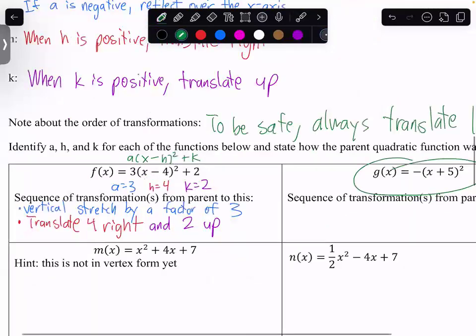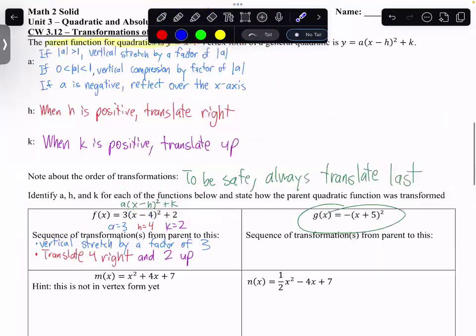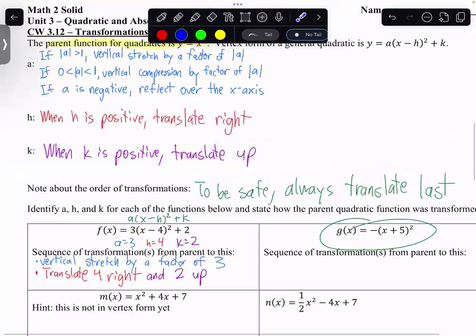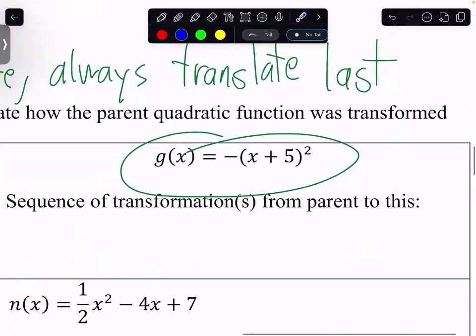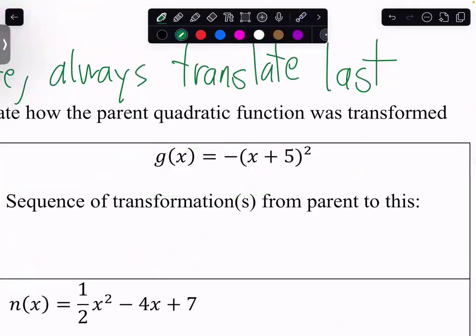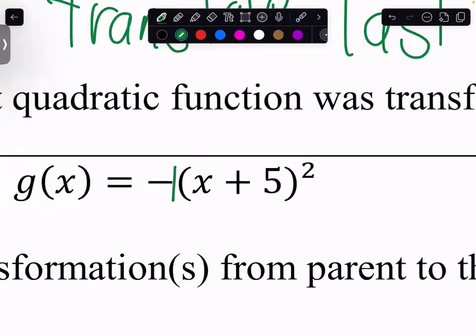Okay, so same strategy, identify A, H, and K, and then based on that, use the description above to identify the transformations. For g of x over here, A would be the invisible negative one.